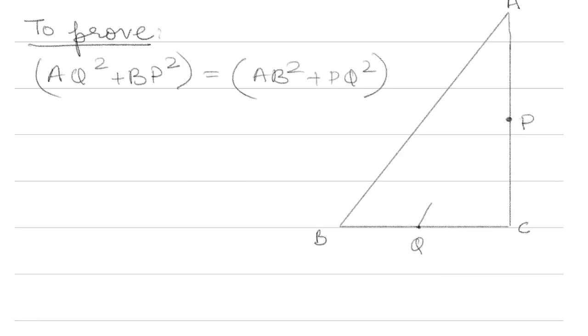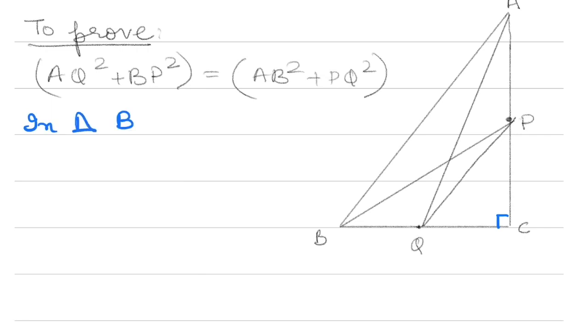Let's join. So this would be AQ and this is BP. We need PQ also, so this is PQ. This is right angled here. So now we can say in triangle BPC, according to Pythagoras theorem, we have BP square is equal to PC square plus BC square.